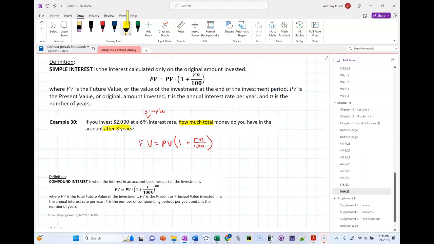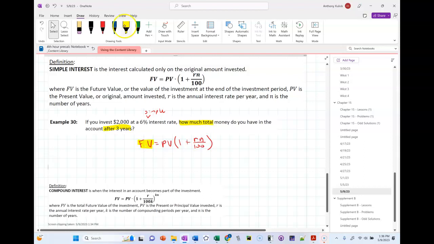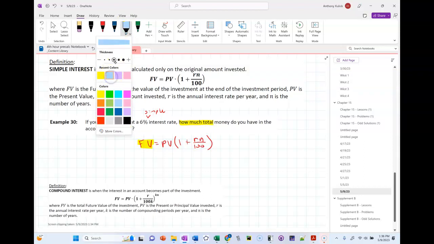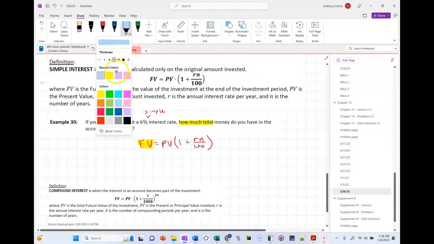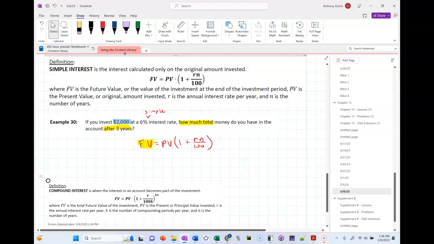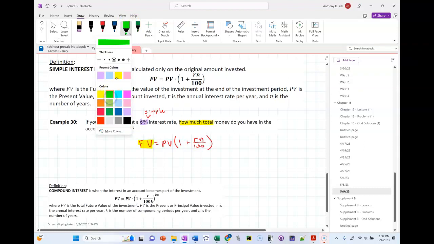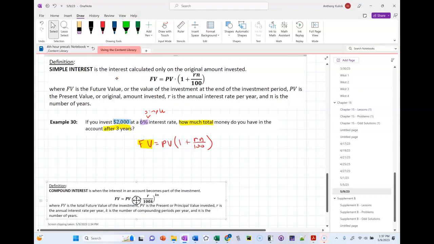Everybody agree with that? Okay. So what is our present value going to be? 2,000, good. And our value for R is 6%. And our value for N is 3.